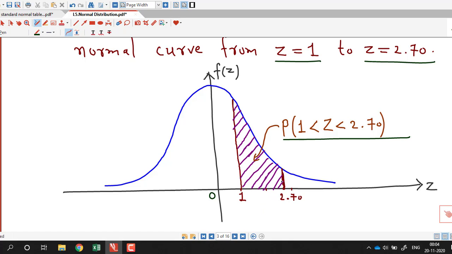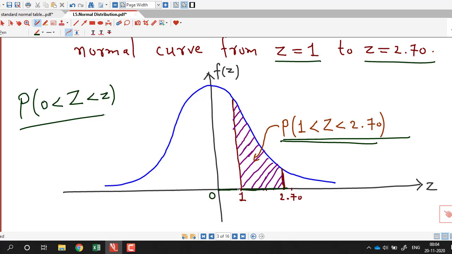If you observe, the table values give the probability that z lies between 0 and z, so we have to convert this probability in terms of that probability. The area from 1 to 2.70 can be written as the difference of the area from 0 to 2.70 and the area from 0 to 1.